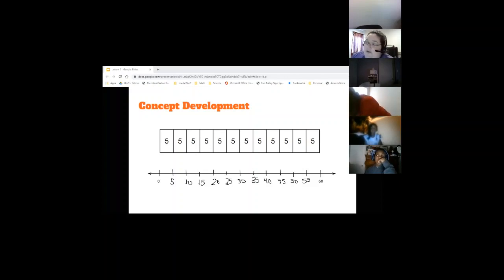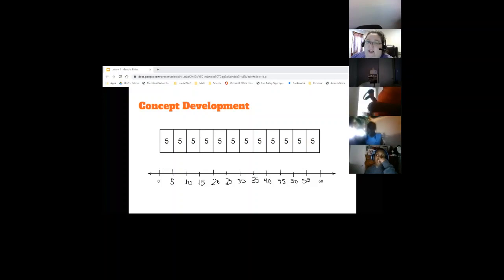The space between two tick marks right here is a 5-minute interval. An interval is the space between 2 points, okay? I want you guys to remember that. And we'll go over the specific vocabulary tomorrow.